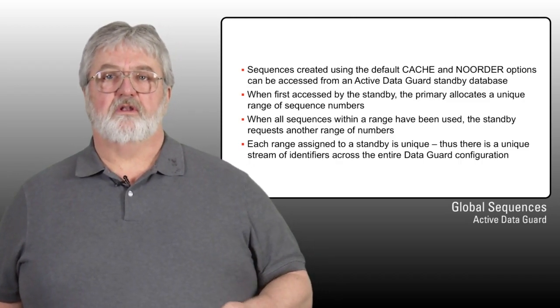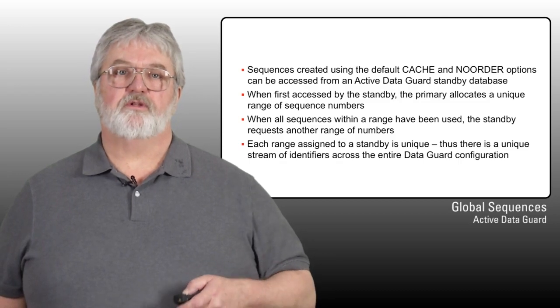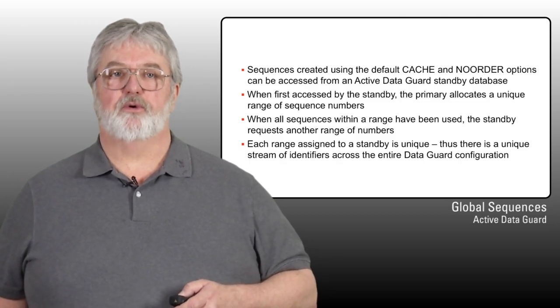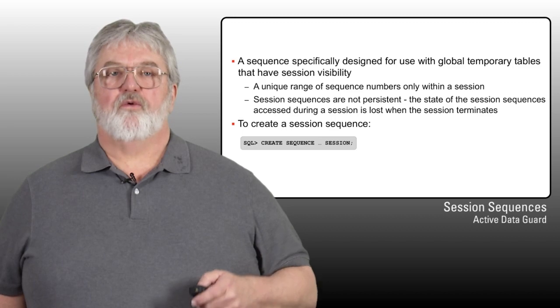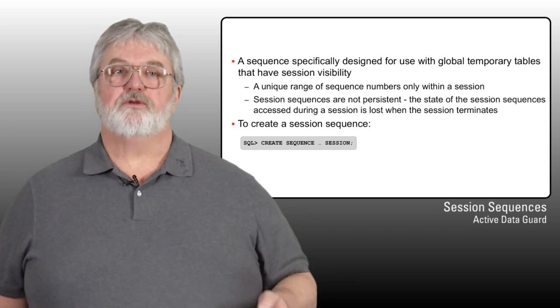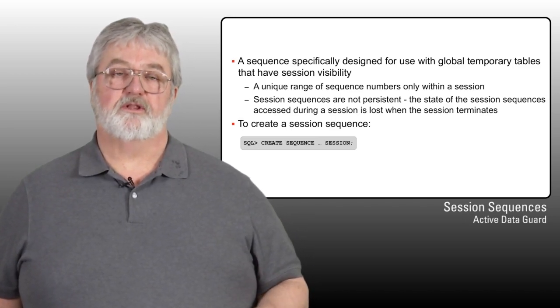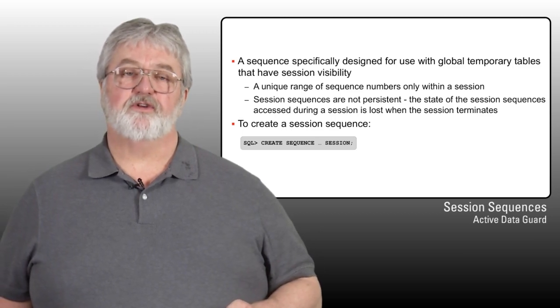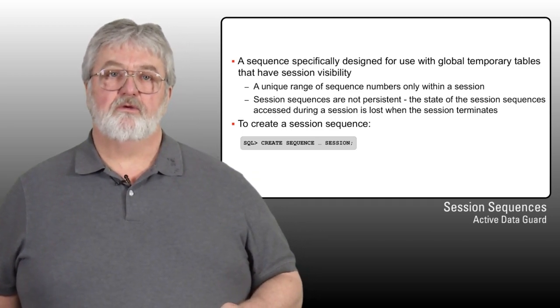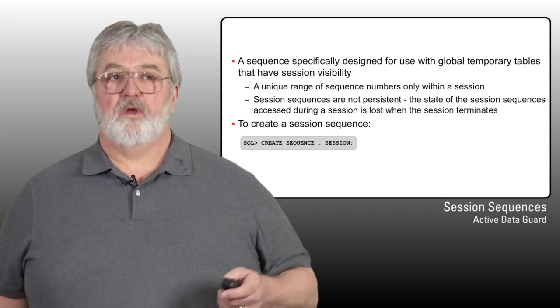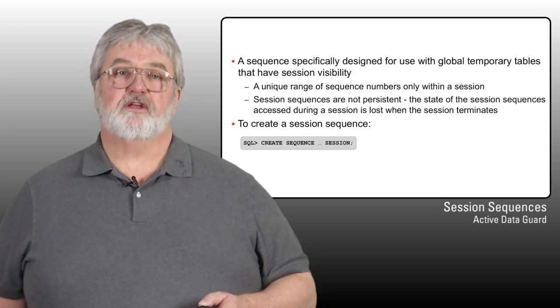And this is important if people are doing various different reports that need to be merged back together at some point. On the other hand, for sequences where people just need unique identifiers in a sequential order, but they don't have to be unique across the entire configuration, we've implemented a new type of sequence called session, and it just adds the session keyword to the create sequence.